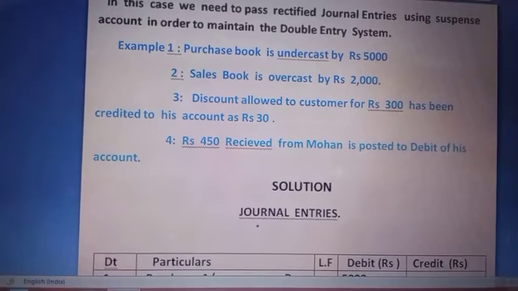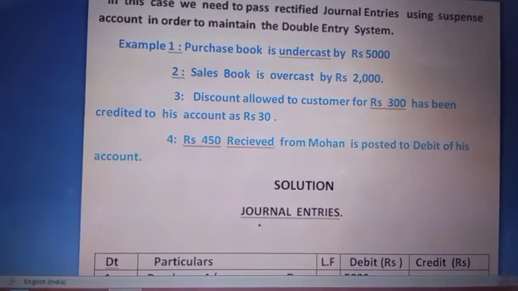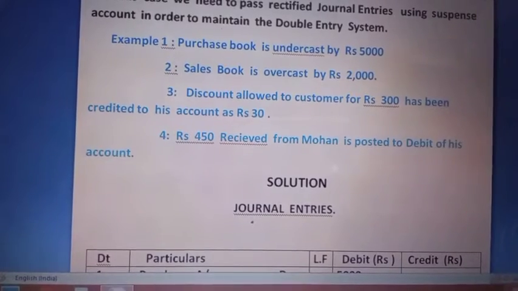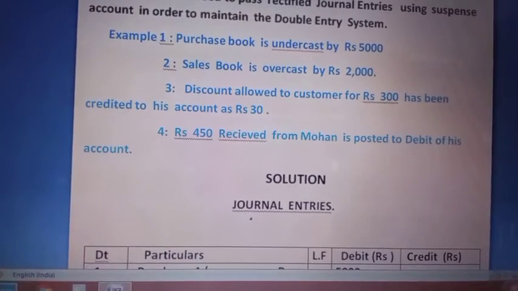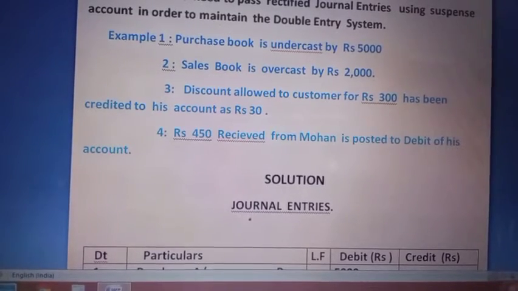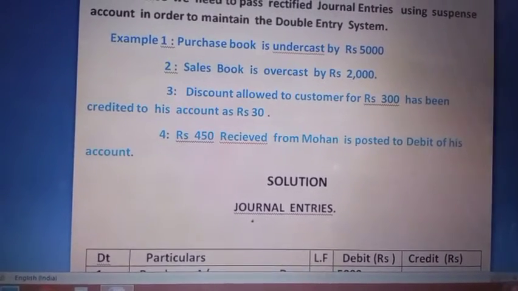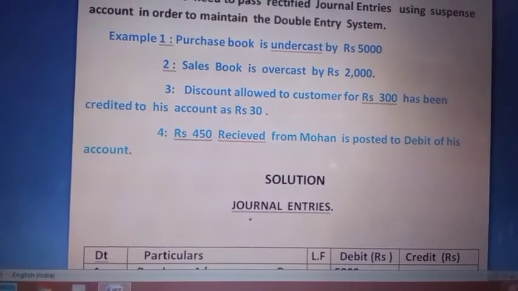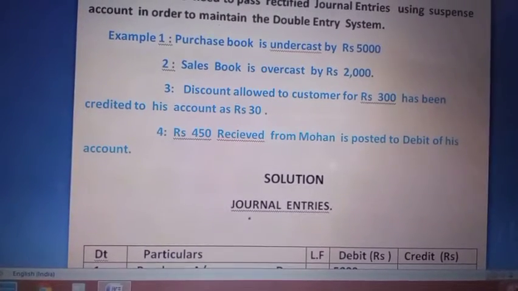But we have done the opposite of it, so we have to rectify this. Then number 4: rupees 450 received from Mohan is posted to the debit of his account. The actual entry which we should have passed is cash account debit to Mohan account, but the wrong entry that we have passed is Mohan account debit to cash account.